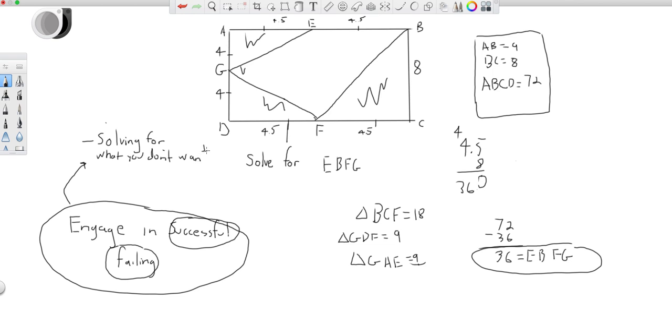I'm going to underline don't, and then underline do for what you do want. Here you can see that we did that by solving for these ones right here in order to get our goal right here.